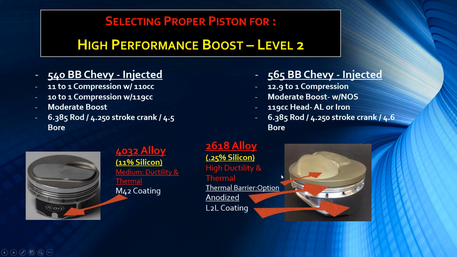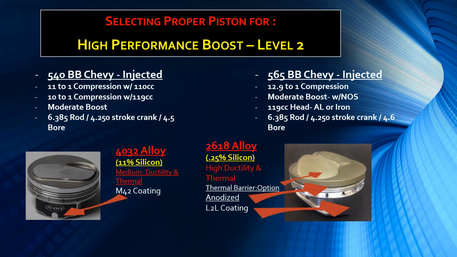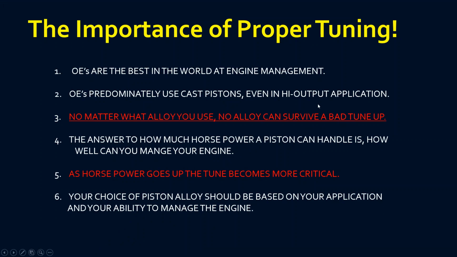Although it's not shown on this piston, there's a thermal barrier, metallic ceramic coating that can be put on here to help keep even more heat up in the cylinder. But this one is anodized, and this anodizing provides some heat barrier as well. And this one, and we'll talk about it at more length, has our new adaptive line-to-line coating that we offer on any of our pistons.